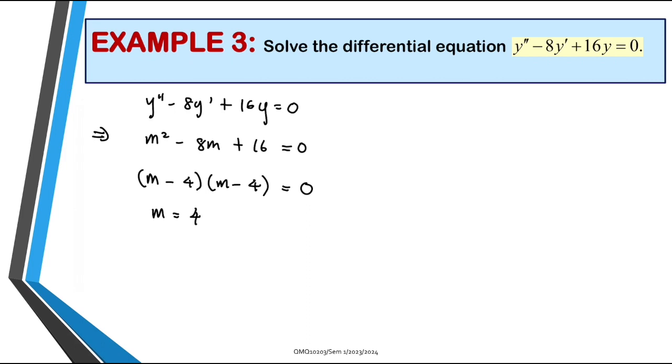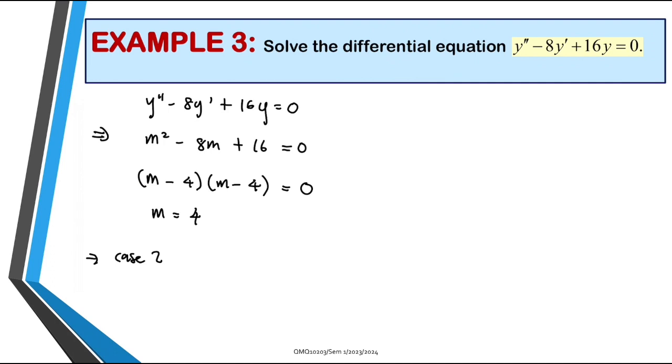So m1 is 4 and m2 is also 4. Because both roots are the same, this is case number 2, where we have a real and equal root, m1 equal to m2.